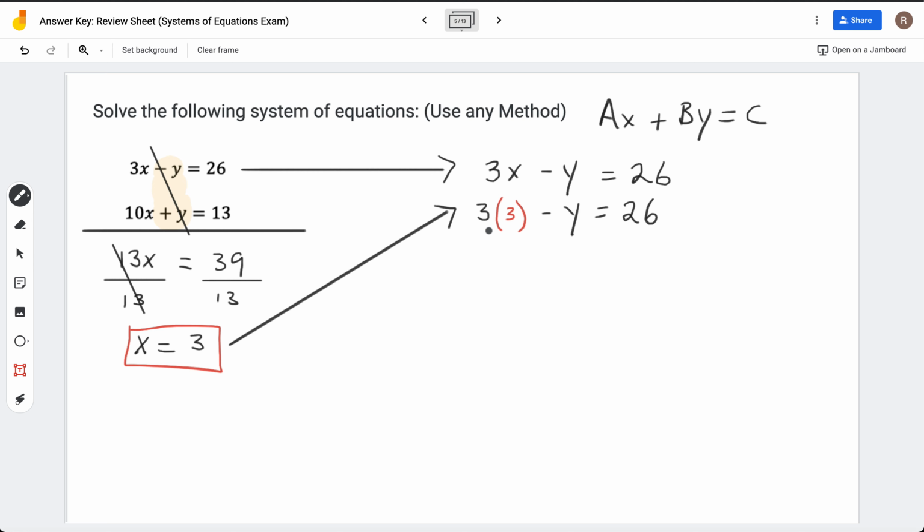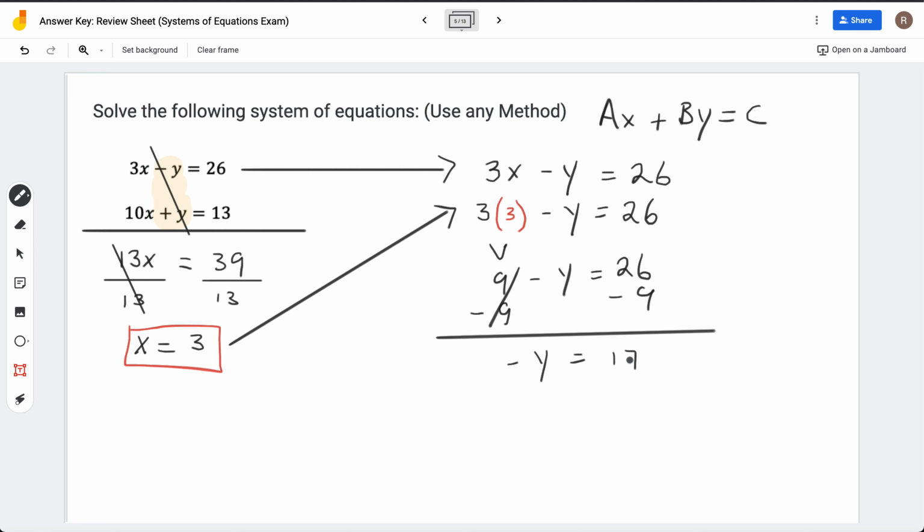Now 3 times 3 is 9. We're using PEMDAS to simplify. So 9 minus y is equal to 26. Now we're going to solve for y. I need to get y by itself, so I'm going to subtract 9 from both sides. Negative y is equal to 26 minus 9, which is positive 17.